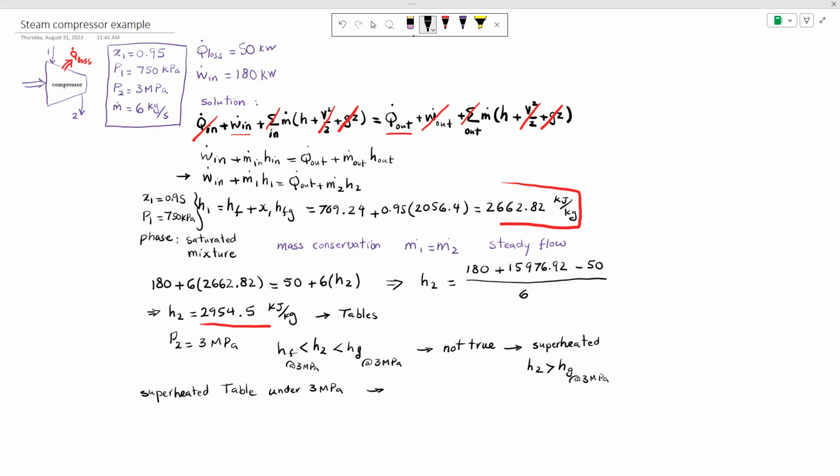We'll find out that T2 is between 250 degrees C and 300 degrees C. We need to perform interpolation, and the result will be T2 equals 285.5 degrees C, and this is our final answer.